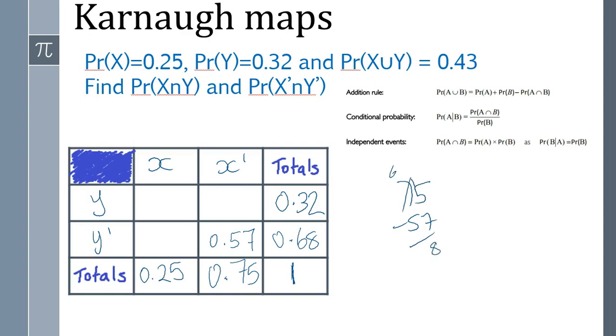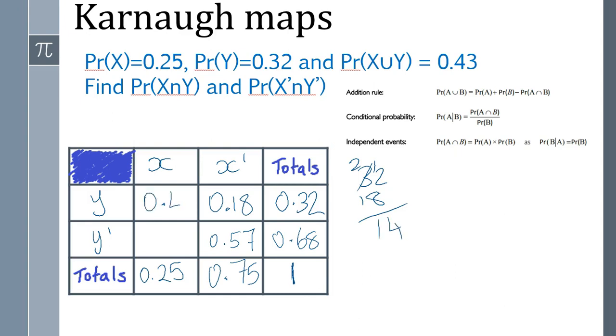What do we got? 0.18. Okay, so all the columns and all the rows add up. So 0.32 and 0.18 gives us 0.14. Whoops. And 0.14 gives us 0.25.